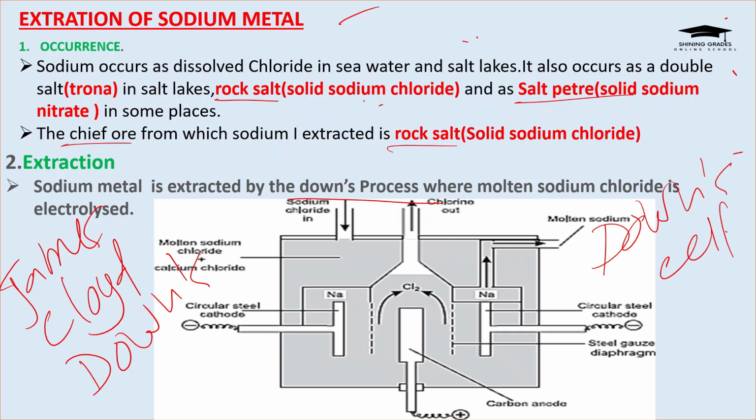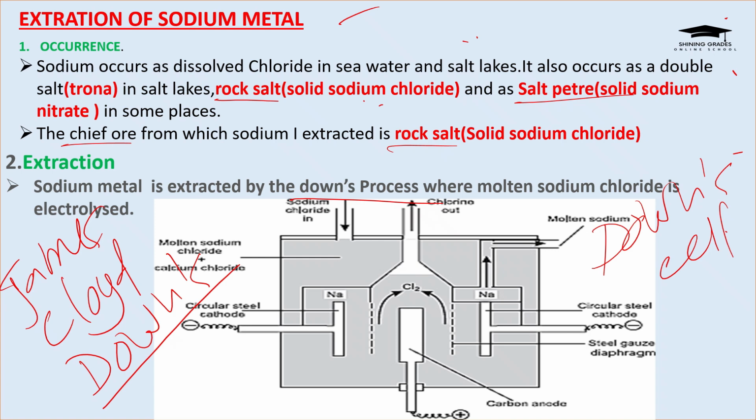This scientist was the first person to invent the process of obtaining sodium metal through the process of electrolysis, and that's the reason the process was referred to as Downs process, and the cell that is used in the process as the Downs cell.